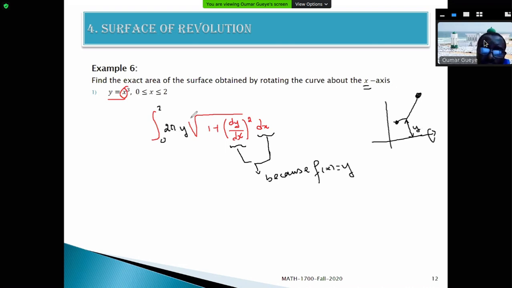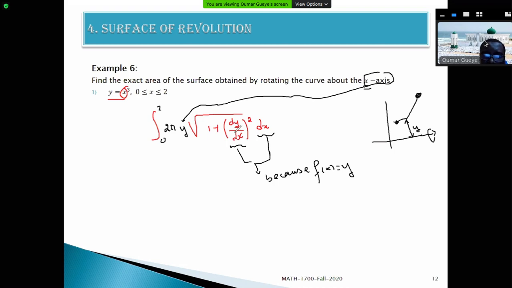So that's why in this case it's going to be y. The axis of rotation here is going to tell us what goes here. And don't say it's the x-axis, so it's going to be x here. No, it's going to be the opposite, because of what they represent here, the radius.